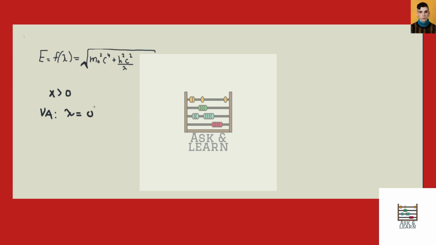Okay, and now we're going to find the horizontal asymptotes by looking at the limit. All right, so as the limit as x approaches infinity of our function, so f of lambda, and we see that it's going to turn out to be m at rest, c squared.